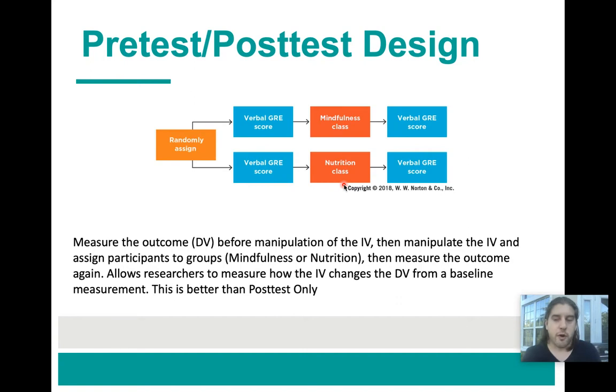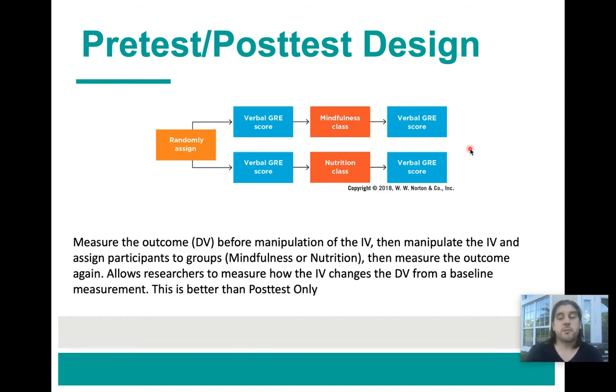The other half, what you could call the control group, do a nutrition class. It doesn't have anything to do with performance. It's just a class they're taking to give us a nice comparison group. So what we're going to do here is look at the differences in pre to post test across our types of classes.